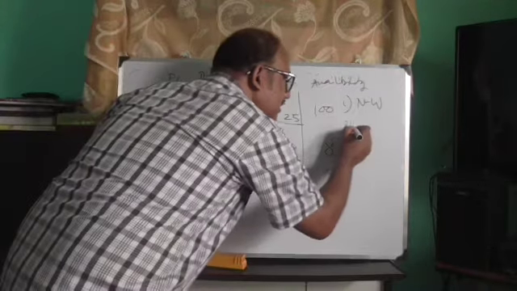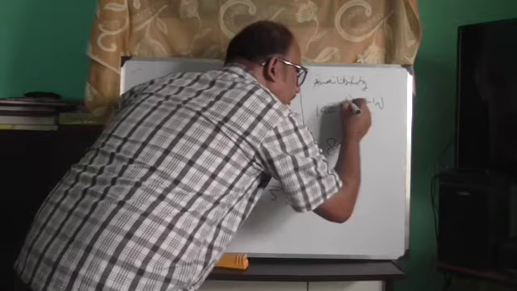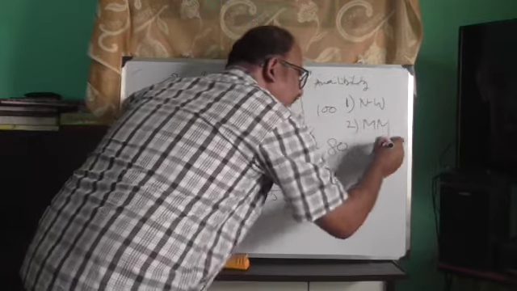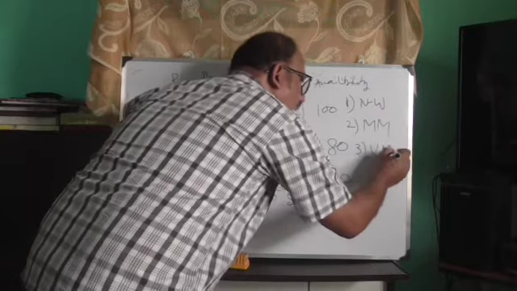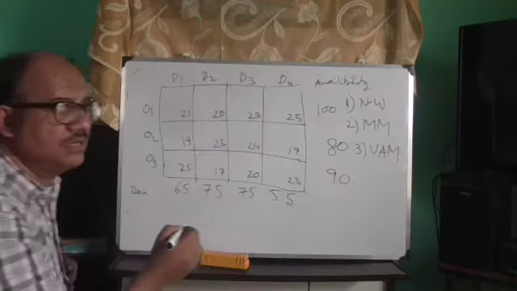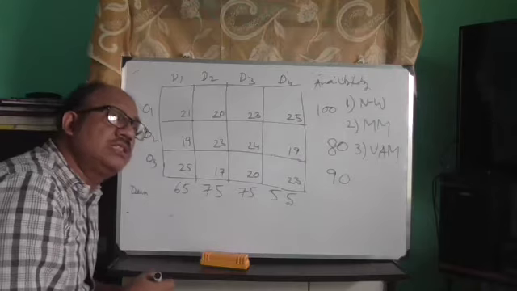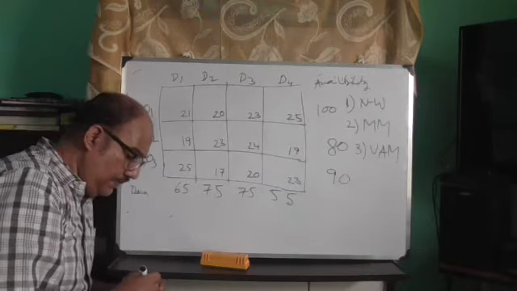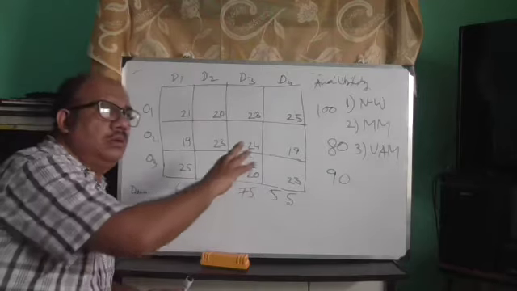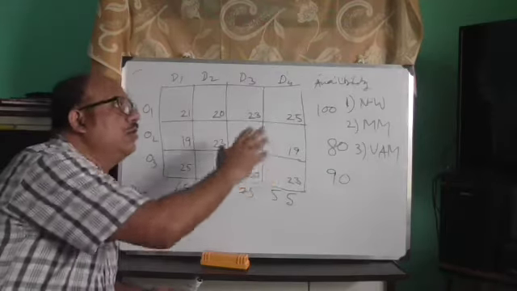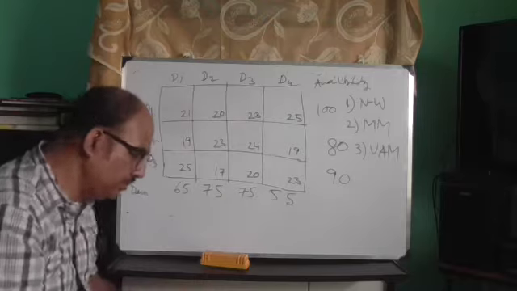The second method is called the matrix minima method. And the third method is called VAM, or Vogel's approximation method. Mind that all these three methods are there to find the initial basic feasible solution.